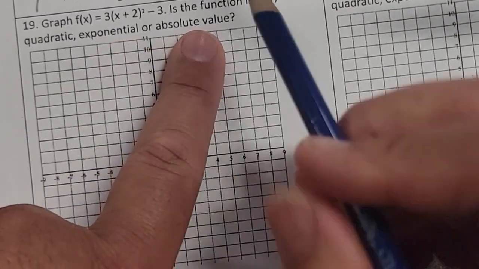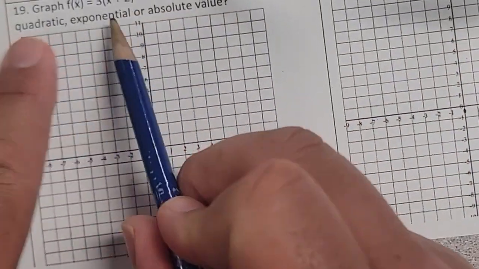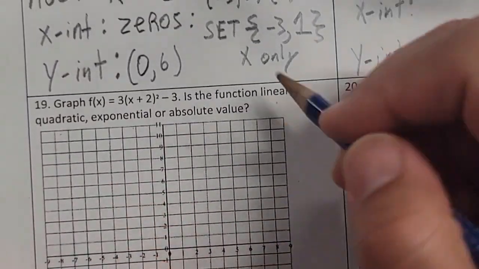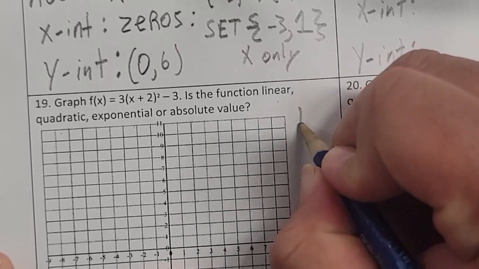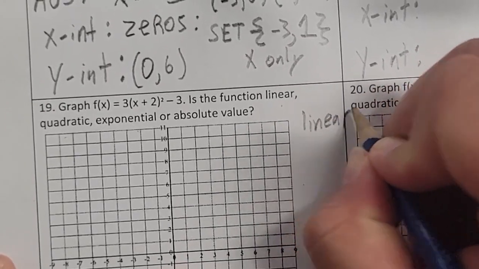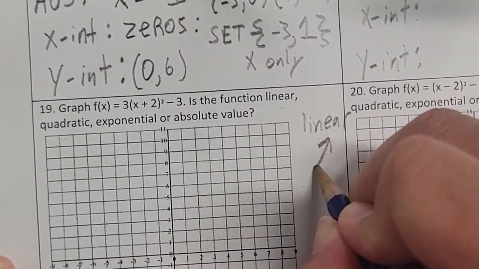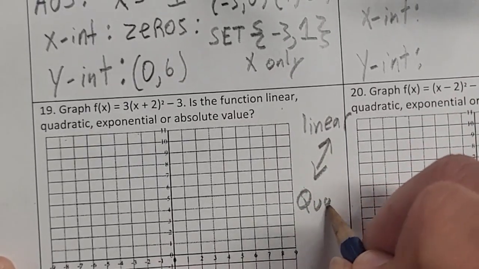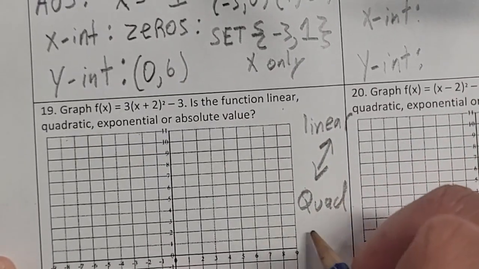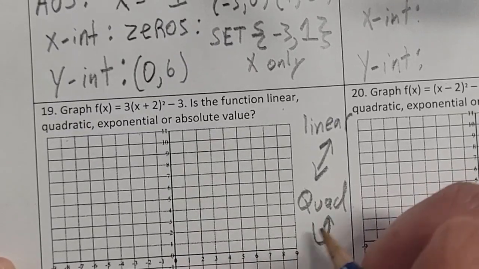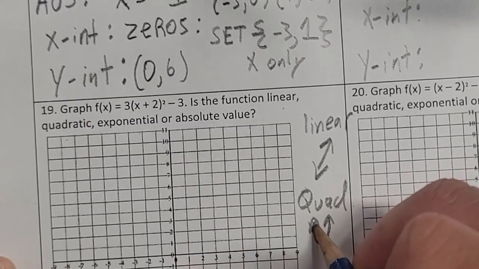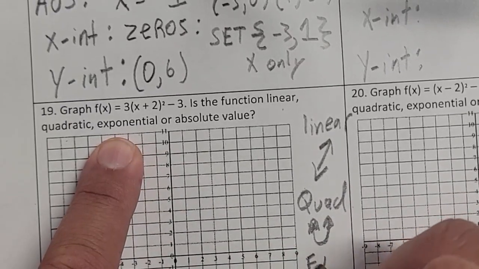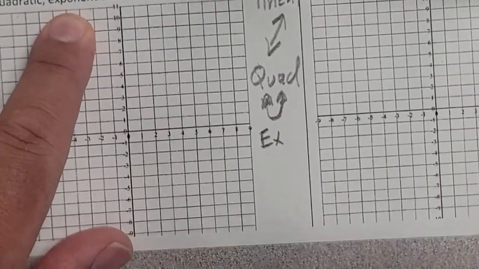So this is Desmos, but we have linear, quadratic, exponential, and absolute, right? We have these things. So a linear, write down that linear. And remember, you can use this on the test, so copy this down. Linear is a straight line. A quadratic is a U shape. Exponential, I'm gonna put EX, move up.